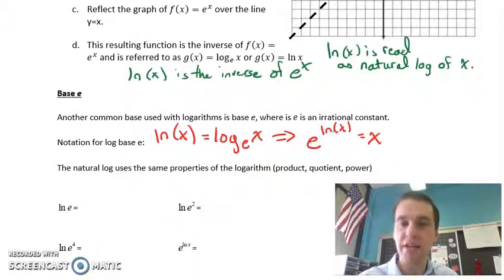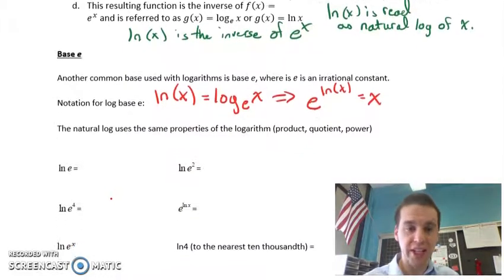So notice that whatever the argument of the ln portion is, that is the answer, due to the fact that e is the inverse of natural log. So those two operations basically cancel. They don't, but we can think of it as that. And you're left with whatever the argument of the ln is.